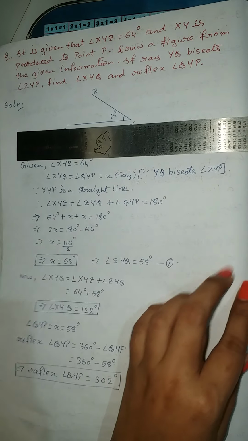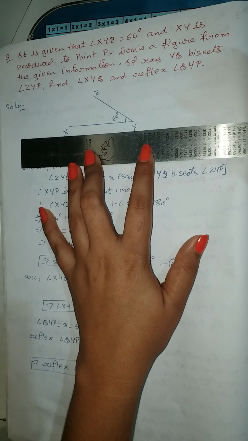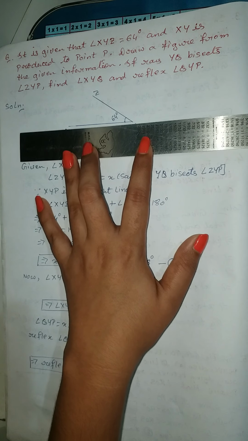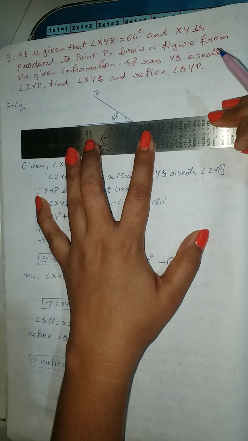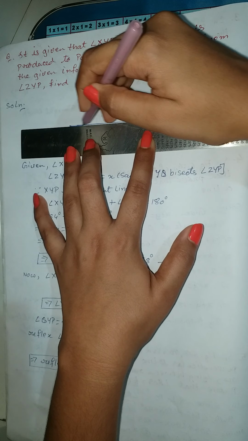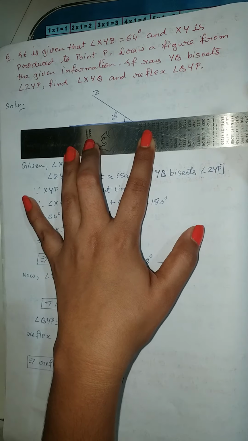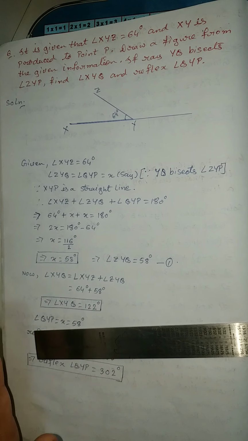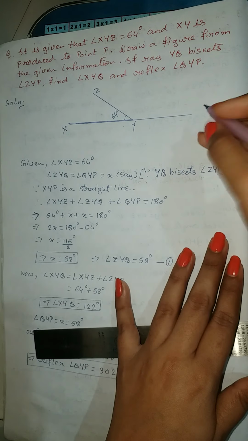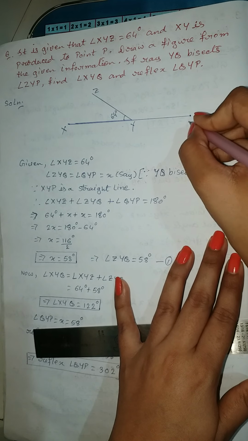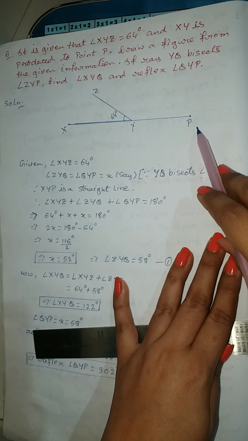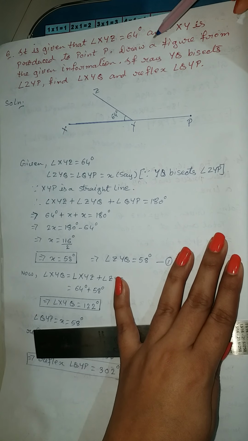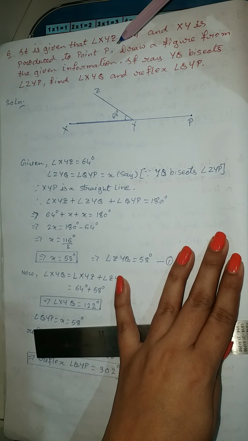So XY will be extended in one direction. Since it is a line, we can extend a line in both directions till infinity, right? That is the definition of a line. So here we have drawn point P. So XY is produced to P. Draw a figure from the given information.